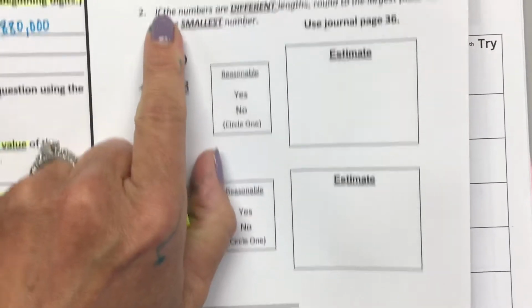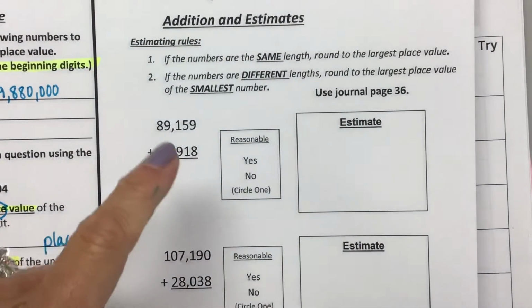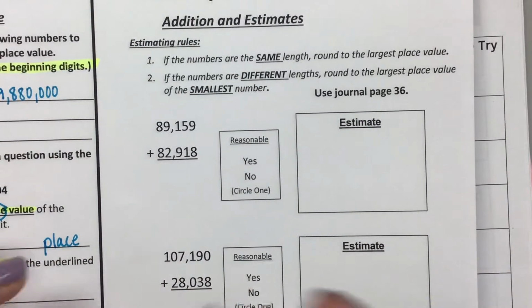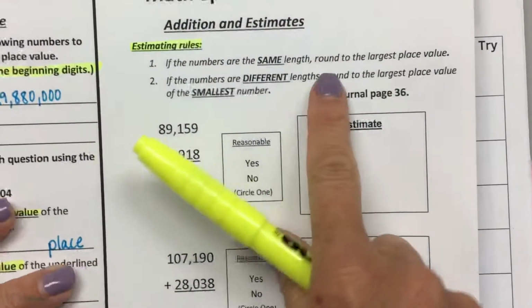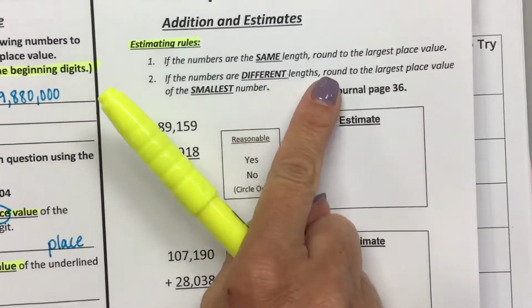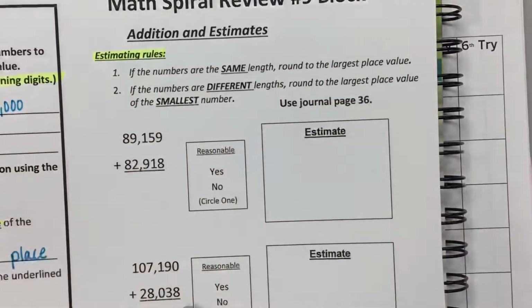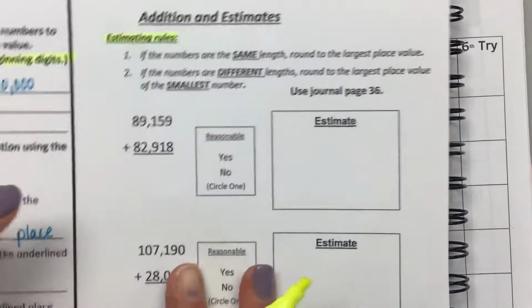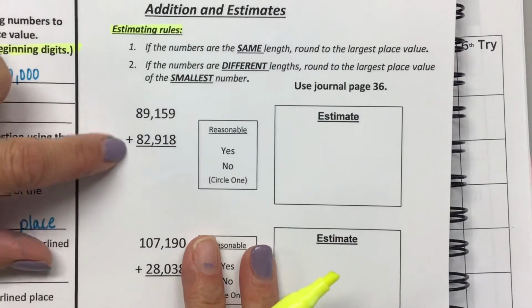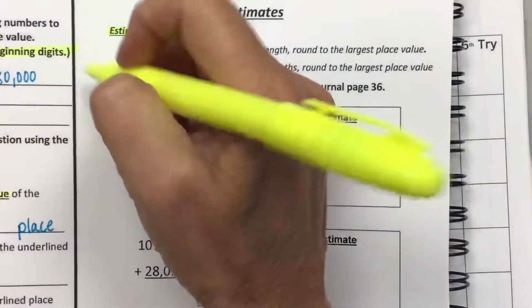Okay. Estimating rules. Let's just review it. It's been a while. If the numbers are the same length, then you need to round to the largest place value. If the numbers are different lengths, round to the largest place value of the smallest number. So let's go ahead and highlight. Which column will I round to for my estimate here? Owen? 10,000. The 10,000s.